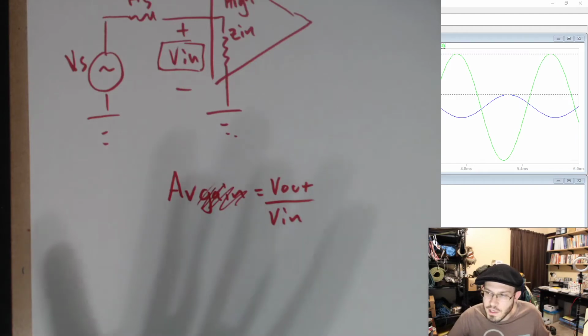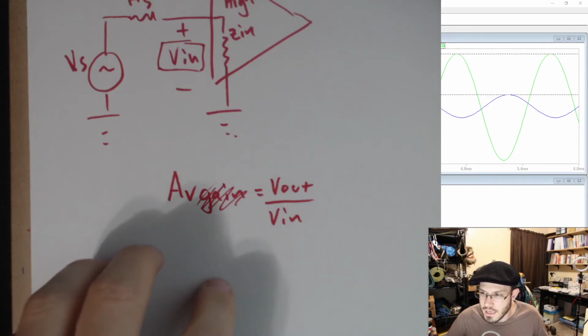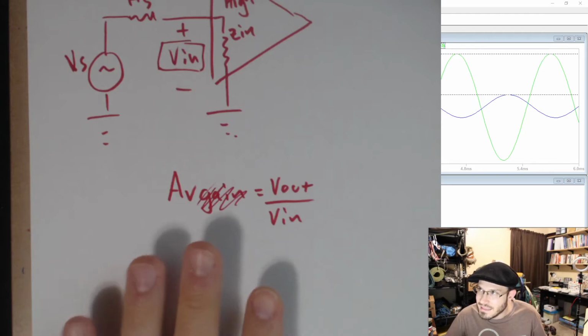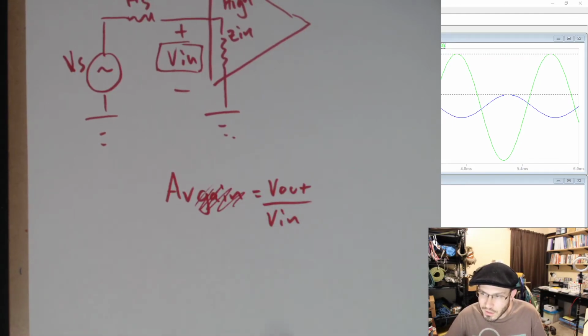Don't get confused. This is different than the gain that you calculated for the generic amplifier buffer. This gain that we're calculating includes all impedances: our source, our amplifier input impedance, our output impedance of the amplifier, as well as the input impedance of our load.